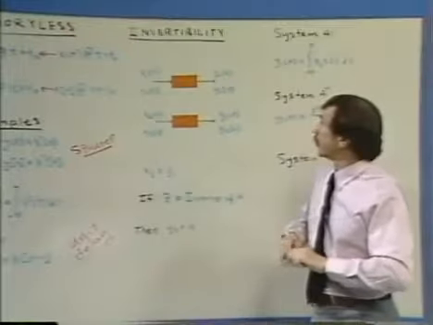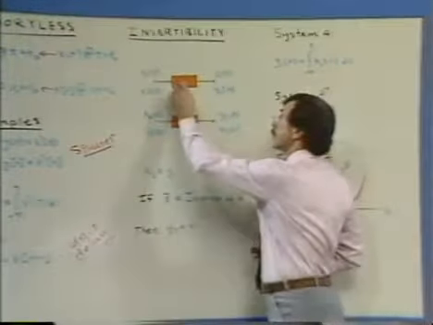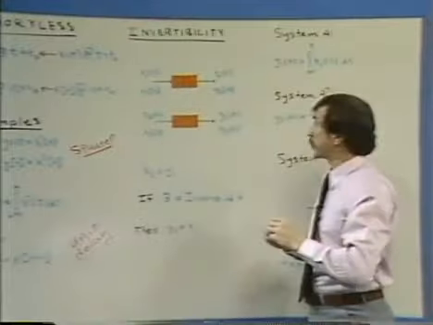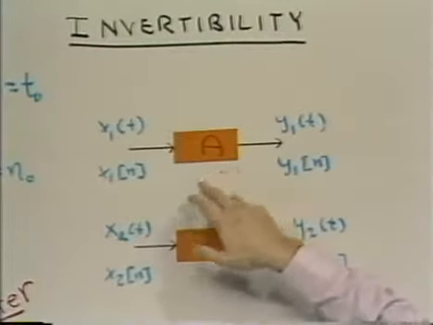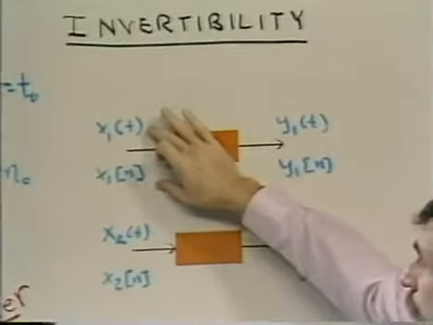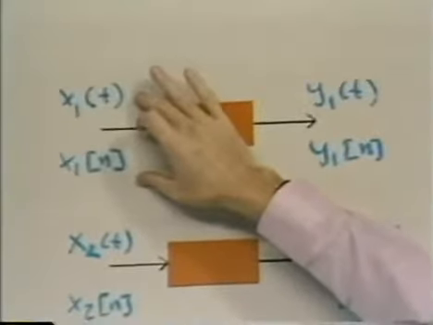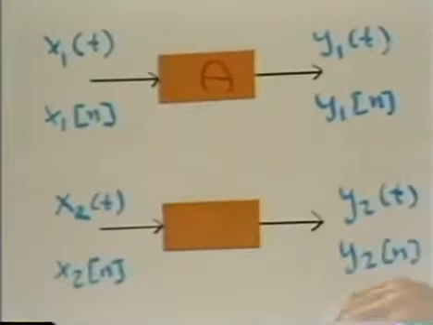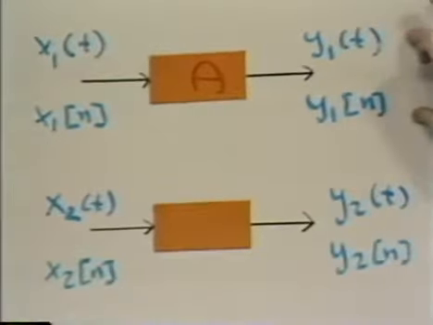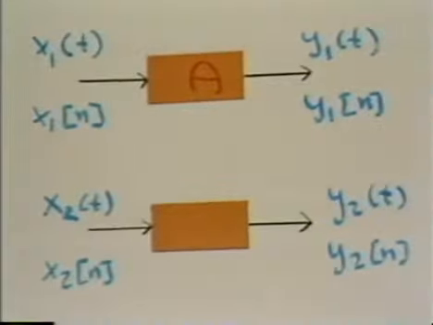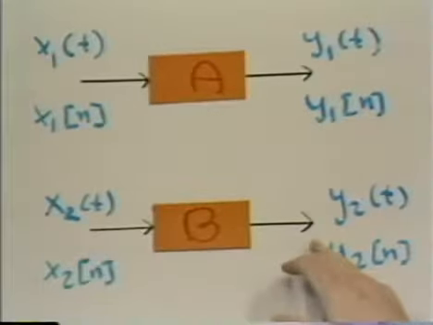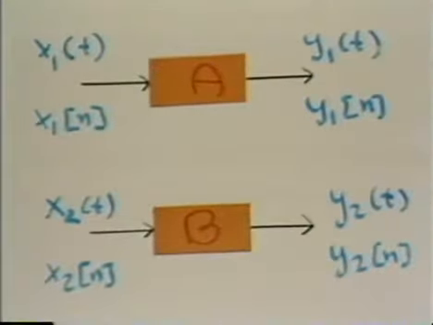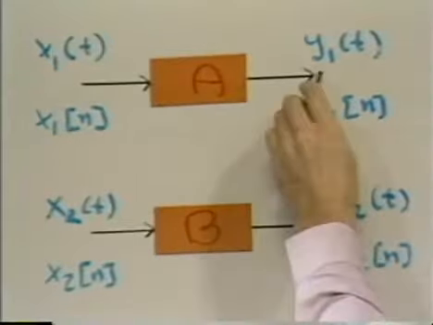So let's consider a system, and here is a system which I refer to as System A, and this could be continuous time or discrete time. It has an input, x1 of t or n, depending on whether it's continuous time or discrete time that we're talking about, and an associated output. And here we have System B with its associated input and output. And now let's put these two systems in cascade.